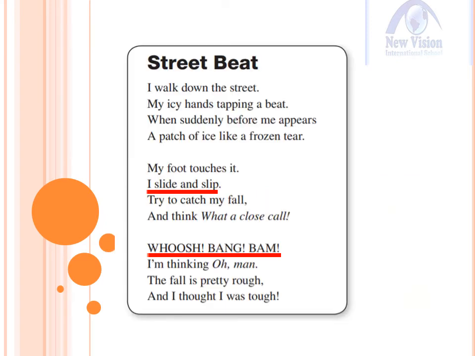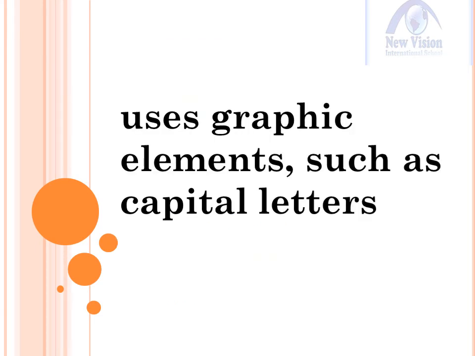In this poem, I slide and slip is the example of alliteration. Whoosh, bang, bam is the example of onomatopoeia. And lastly, it uses graphic elements such as capital letters.